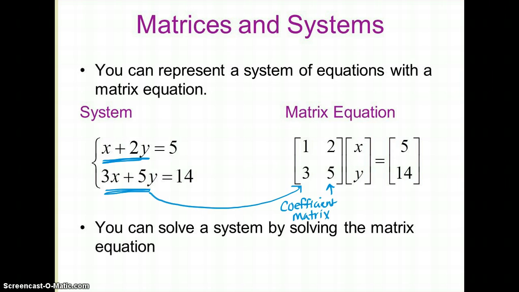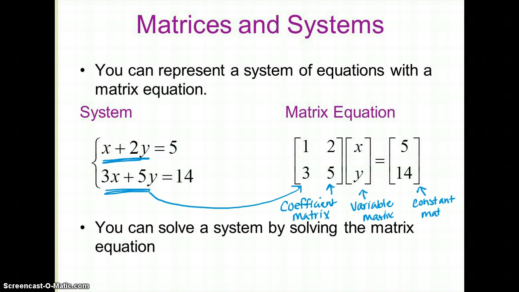Then, as you can probably tell, the second matrix that I'm going to multiply here is called my variable matrix. This is going to be the matrix that holds the variables for my equation. And then finally, my last matrix is called the constant matrix.